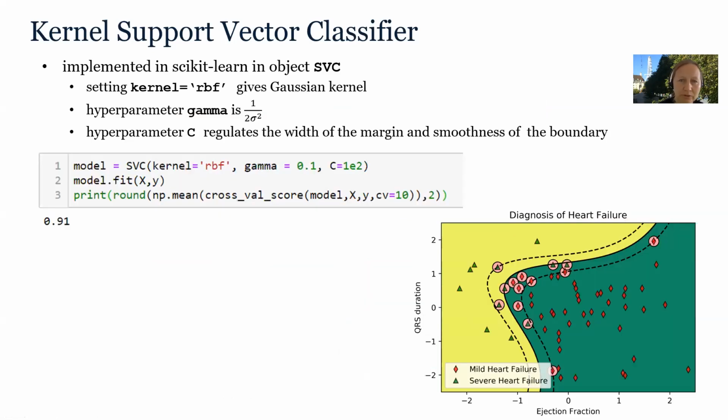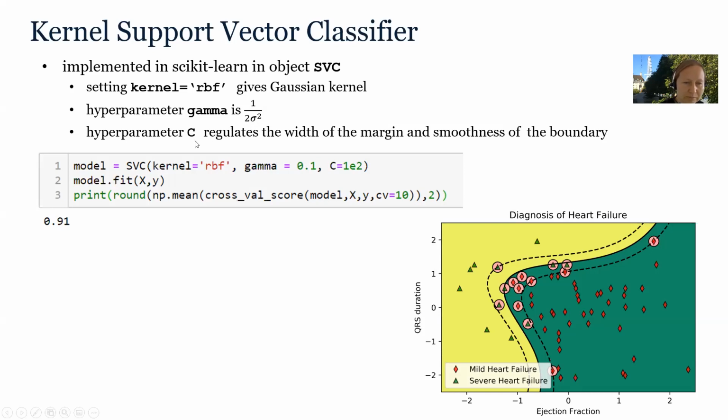Kernel support vector classifier is implemented in scikit-learn in the object SVC. And if we set the parameter kernel to RBF, which means radial basis function, it will give the Gaussian kernel. So hyperparameter gamma is a parameter of the Gaussian kernel, and is equal to 1/(2 sigma squared).